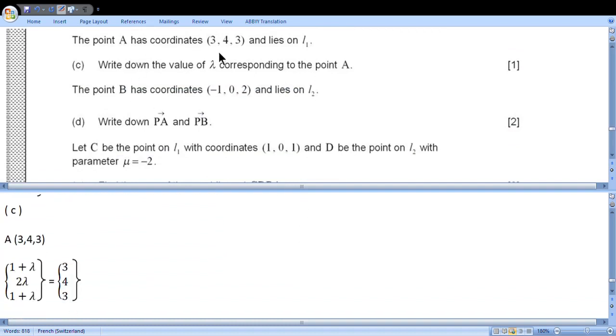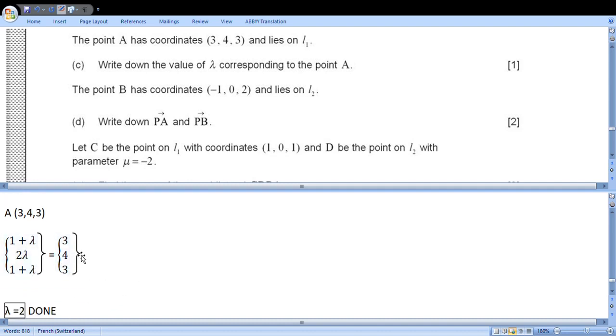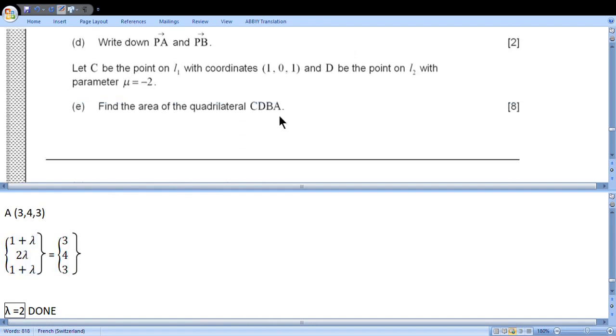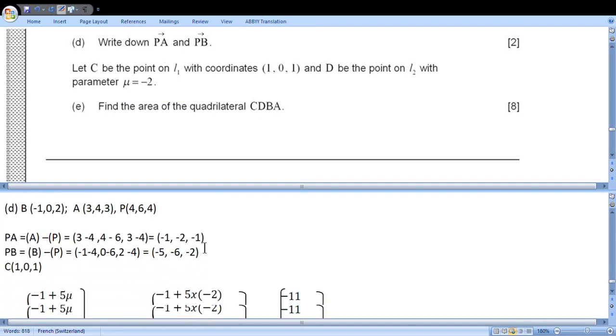The point A has coordinates and lies on L1. Write down the value of lambda corresponding to A. From the parametric equation, coordinates of the point, we see that lambda equals 2. Write down PA and PB. That's easy.